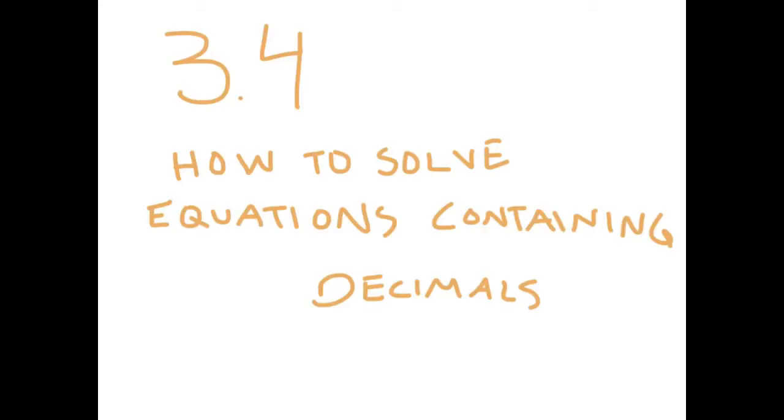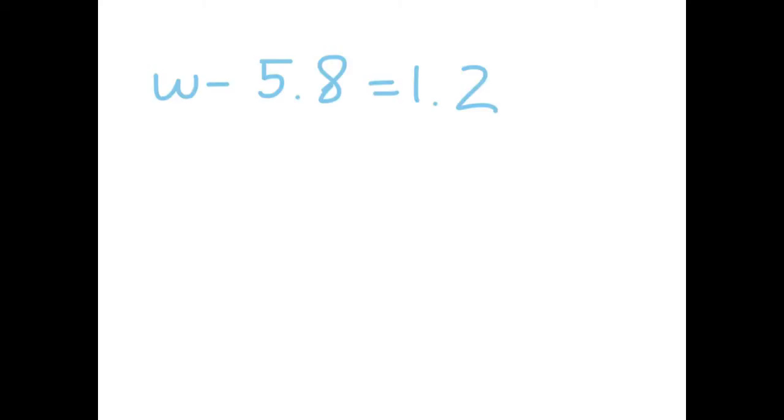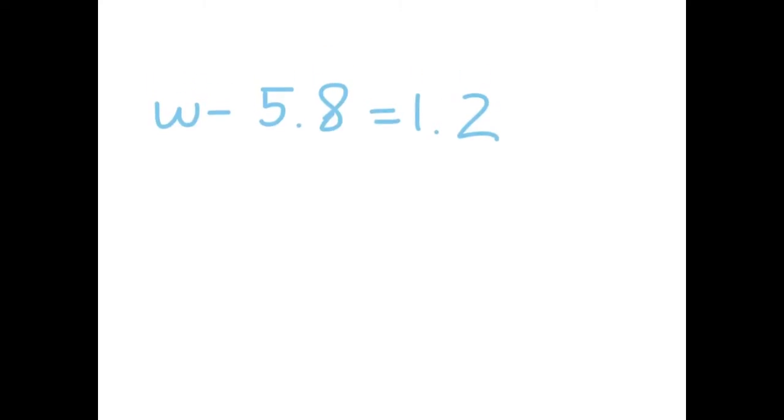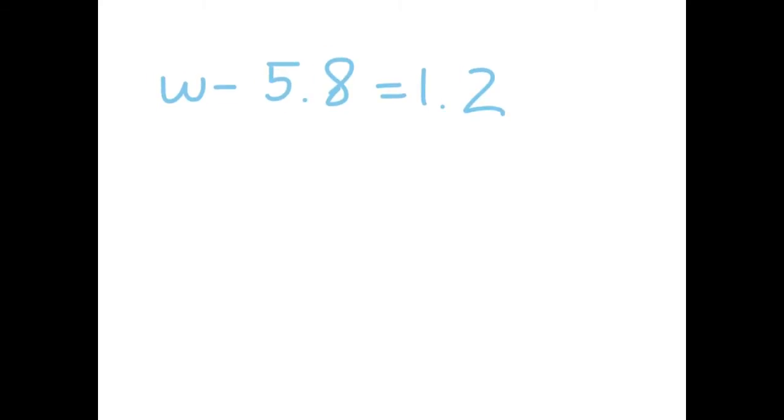3.4 How to solve equations containing decimals. Our first equation is W minus 5.8 equals 1.2. So addition undoes subtraction, so you'd put plus 5.8, cross it out, and do plus 5.8.